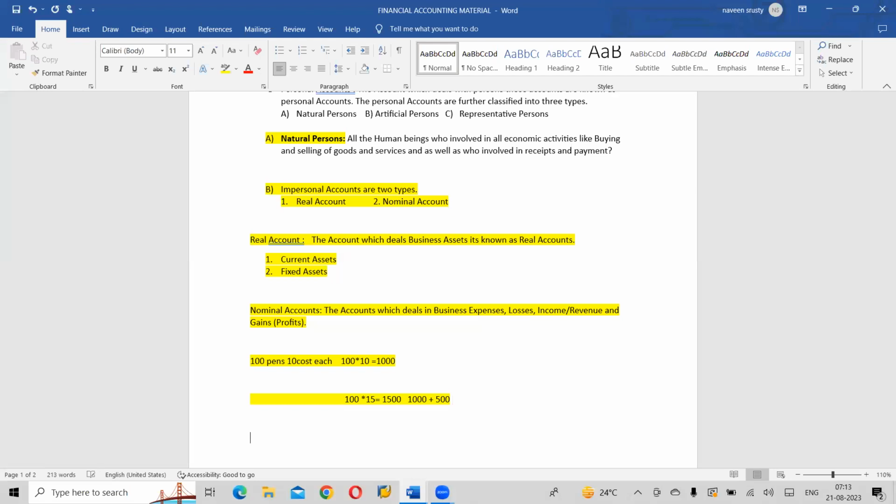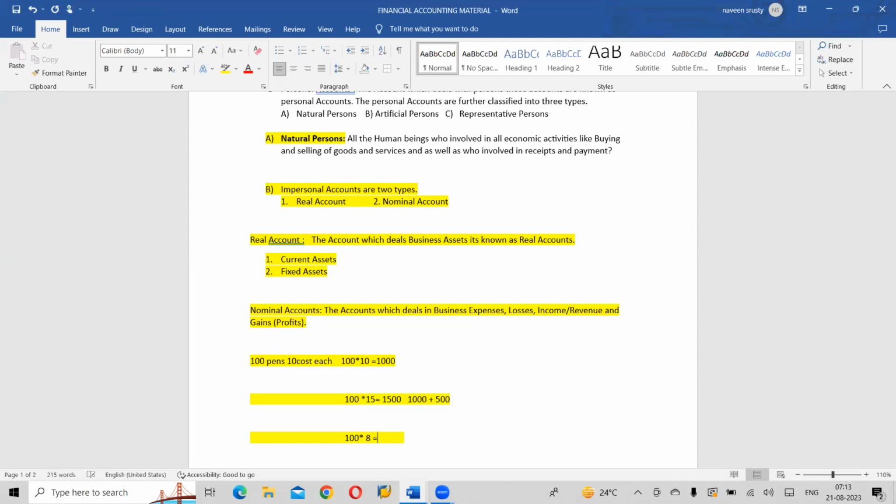Same time, due to COVID impact, because it is necessary to move out my pens or something else, I have sold 100 pens at 8 rupees each because of non-movement of goods.